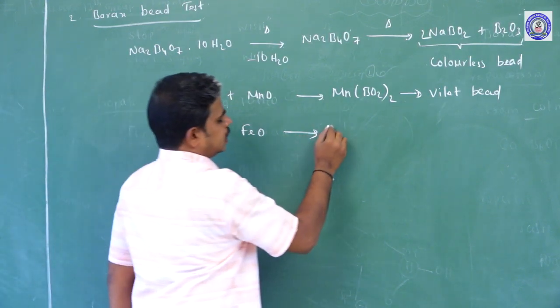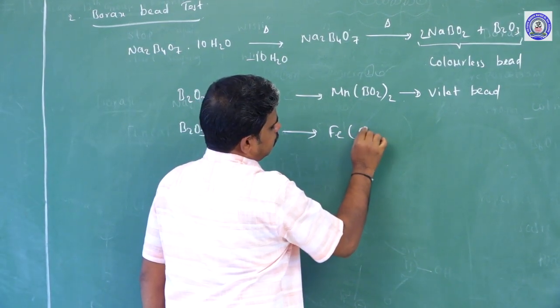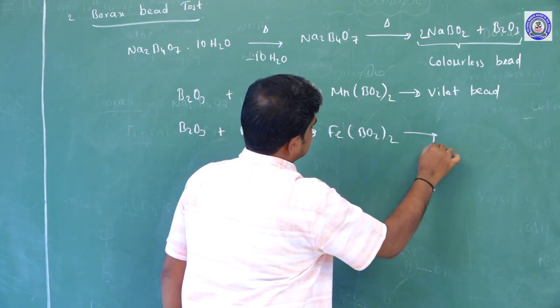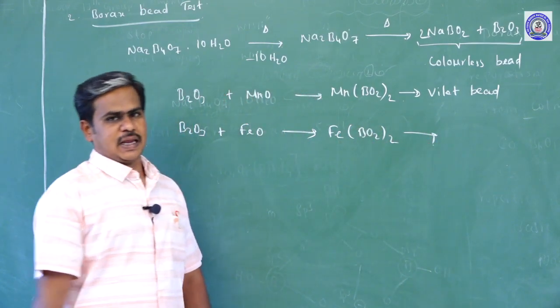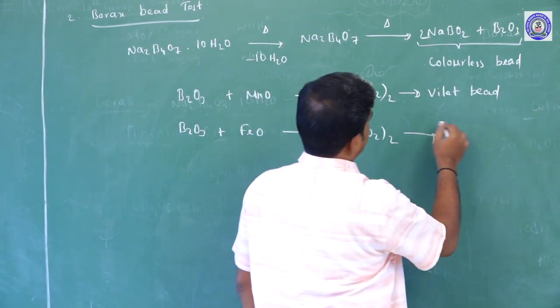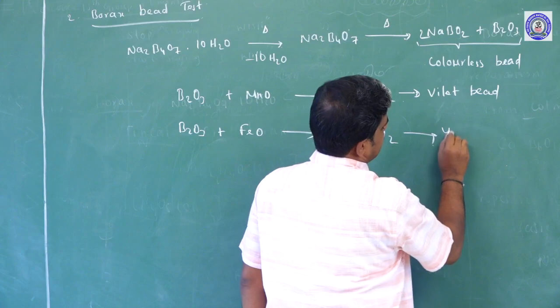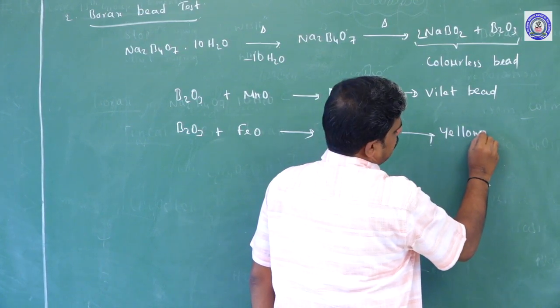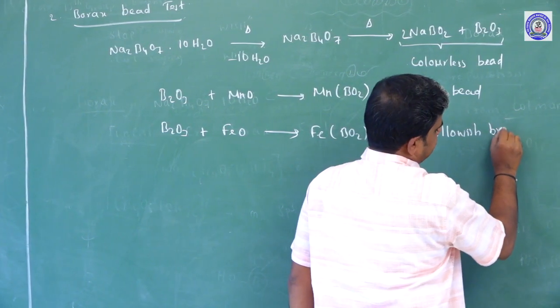Then we may get Fe(BO2)2, that is iron metaborate, and this iron metaborate is a yellowish brown bead.